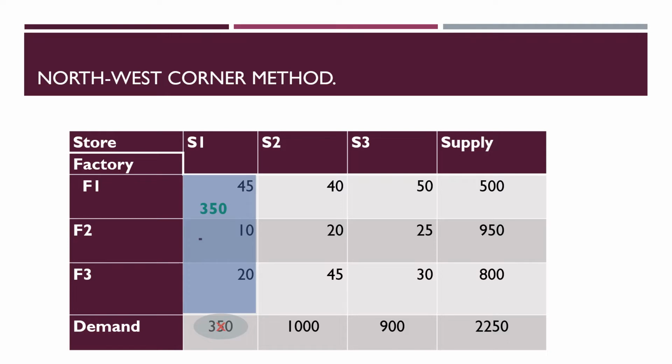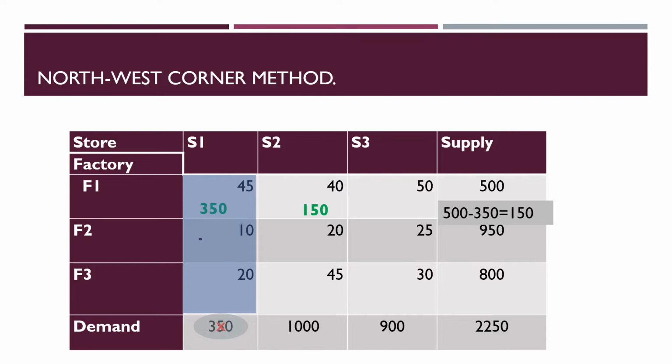Then, what is the next northwest corner? Before allocating to the next northwest corner, we should remind that when we allocate 350 from factory 1, we are only left with 150. Therefore, we can allocate only 150 to the next northwest corner cell, that is F1 S2.